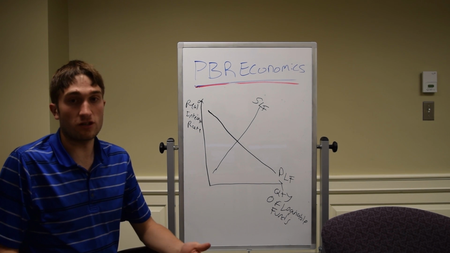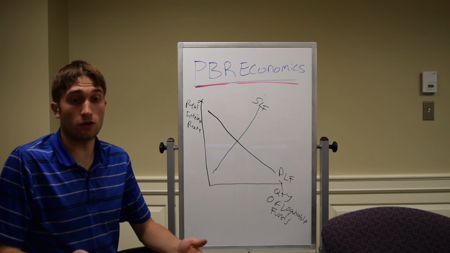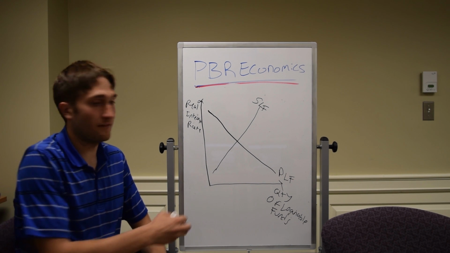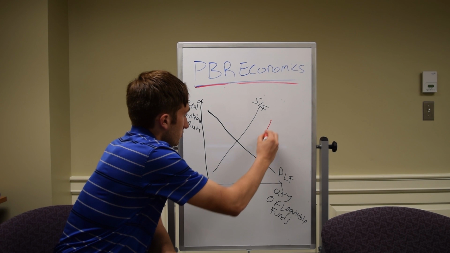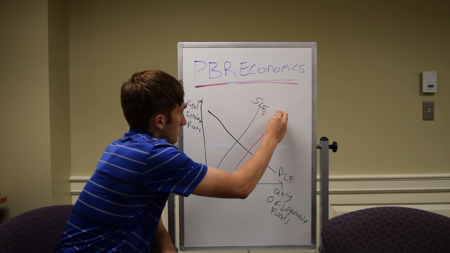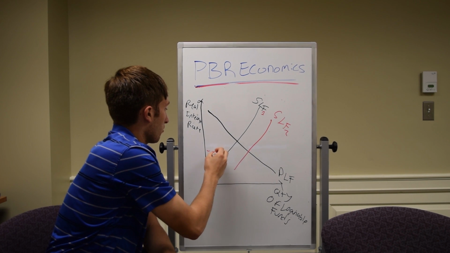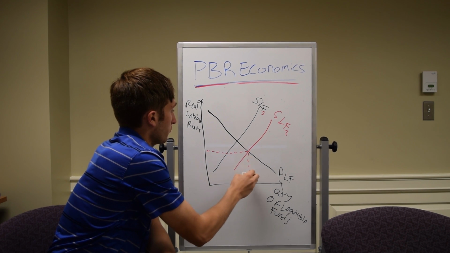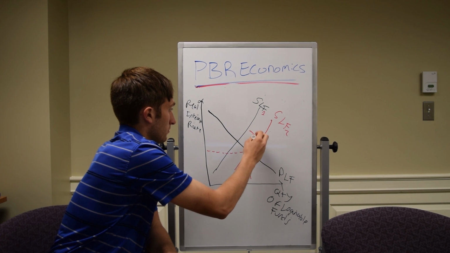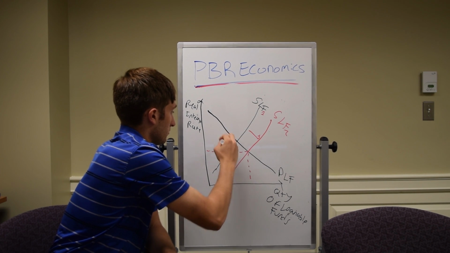As the money supply increases, that means there is more money that can be used for loanable funds. As a result, the supply of loanable funds increases, resulting in a lowering of the real interest rate, as you can see right here.